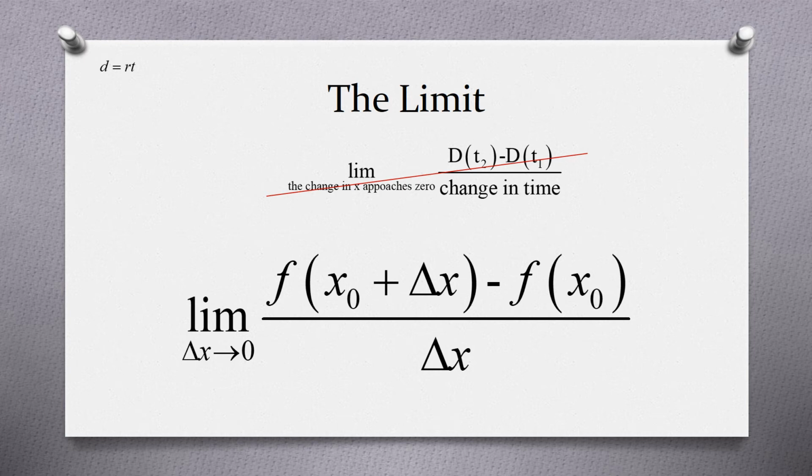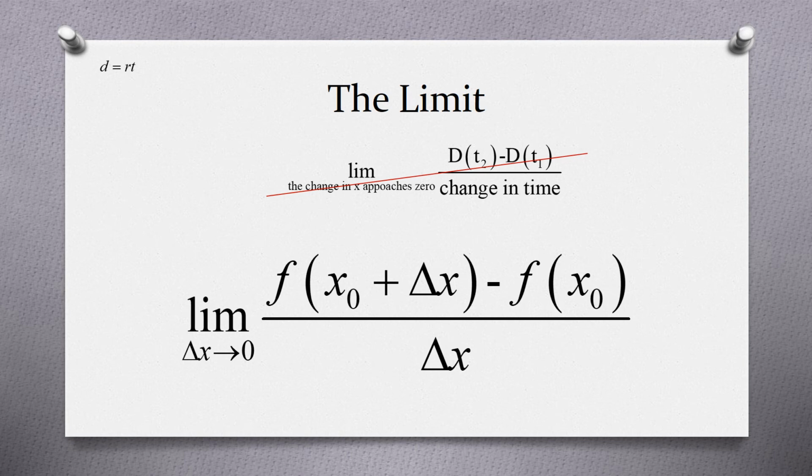Remember, we were dealing with 2 o'clock, and maybe that could have been up to 2:05, and that change keeps creeping down, down, down. So in our first term in the numerator, we're talking about our initial point in time plus whatever change, and then we're subtracting to get that difference, the distance at the initial point in time. And so this is all divided by the change in x.